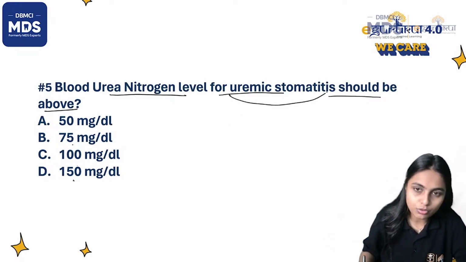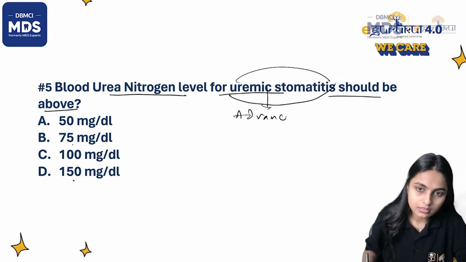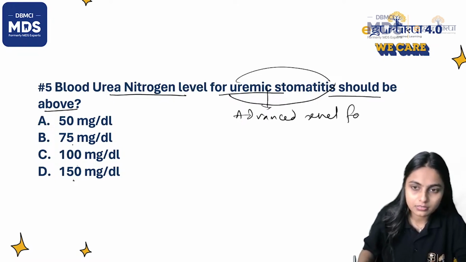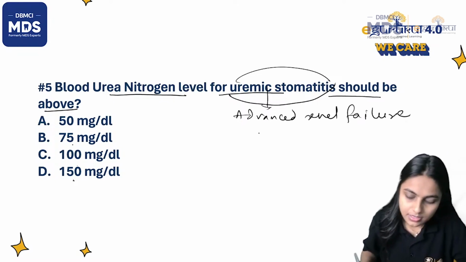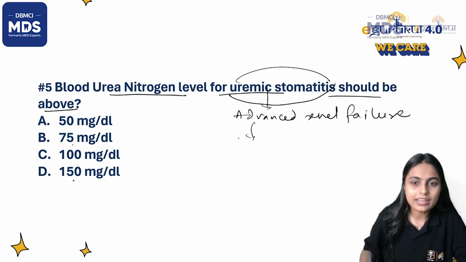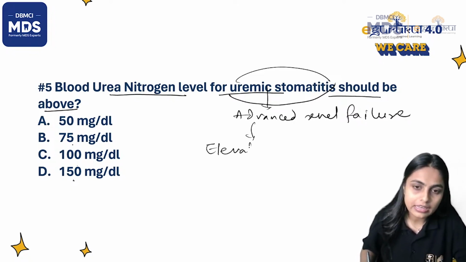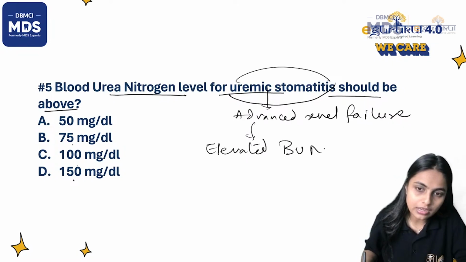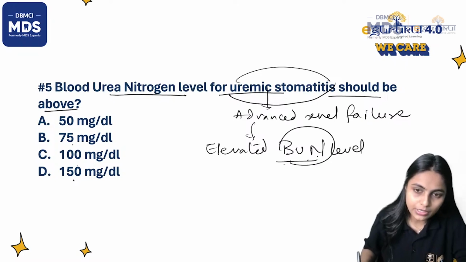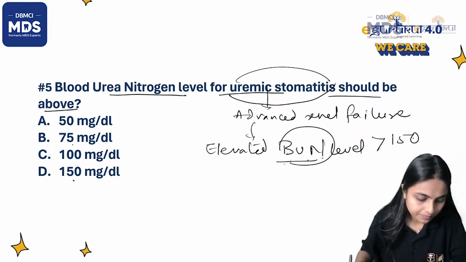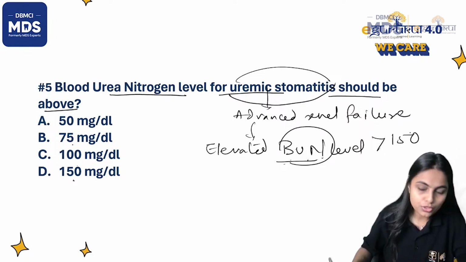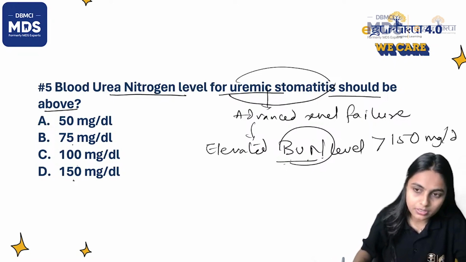You should know that uremic stomatitis occurs in advanced renal failure. The blood urea nitrogen level should be above 150 mg per dl.